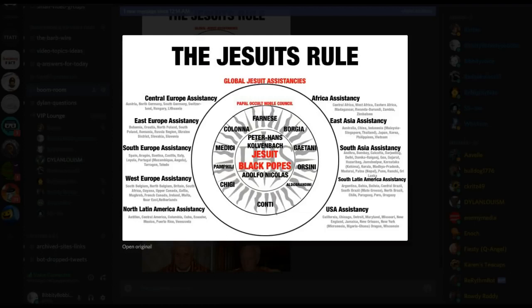I'm not sure exactly what to tell you to search for, because you'll probably find some nice books about them too, but there are several books about them as a conspiratorial organization. Do I have the Jesuit oath on here? That's important. I might need to add that bullet point. Yeah, definitely read that Jesuit oath. That's actually on the Q web, so if you don't see it on here, it should be on here.